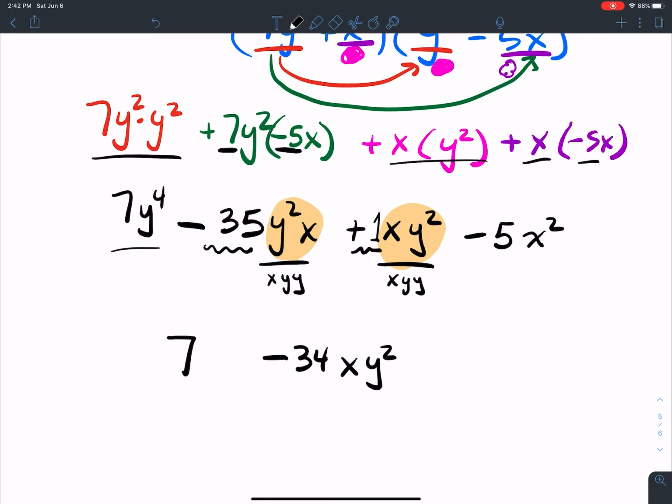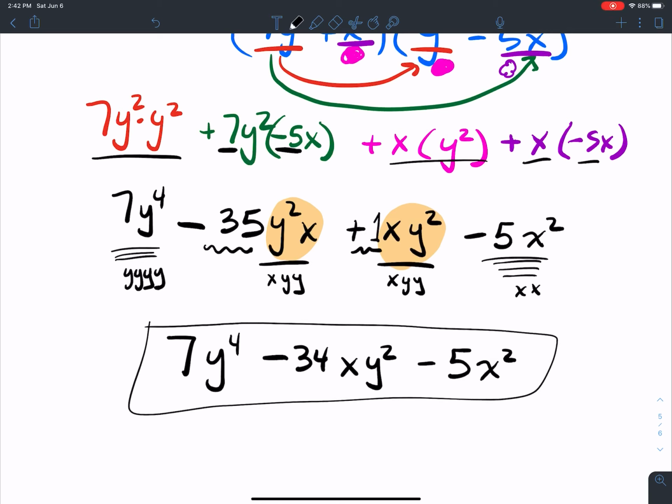So this, I can't do anything with that, so that's 7y to the 4th. And then this right here, I can't combine that with anything. That's just minus 5x squared. So that DNA doesn't match up with that DNA, so that's all we can do at this point. So that, my friends, is how you multiply binomials together.